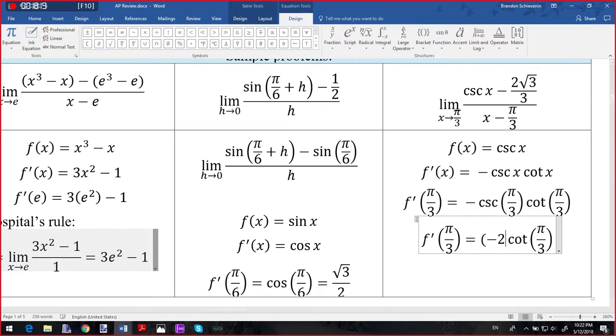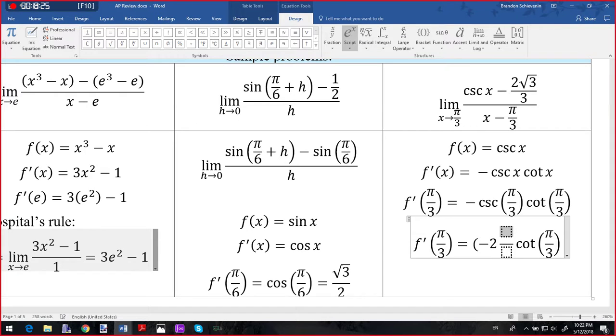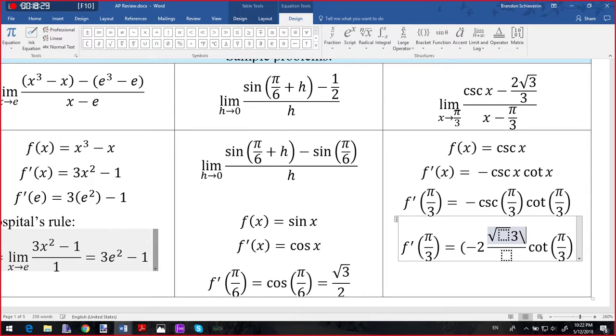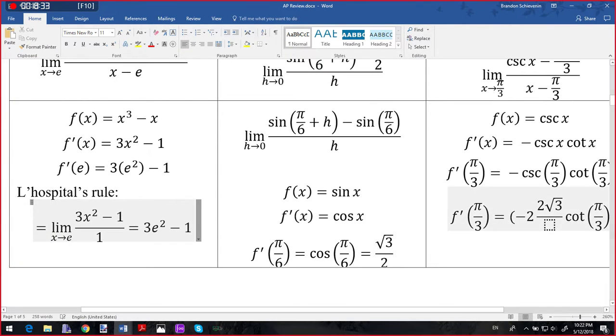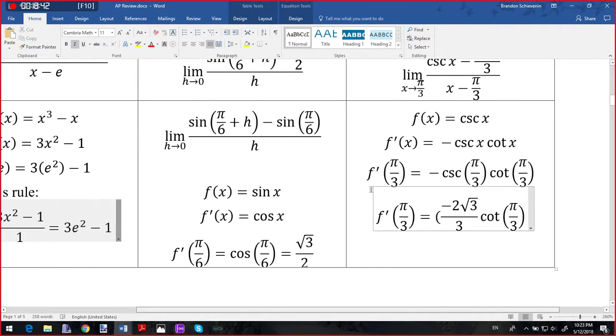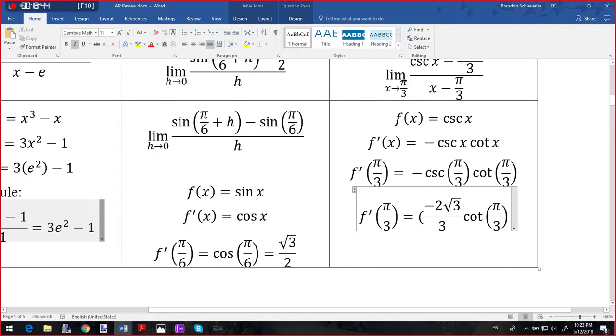What's the cotangent at pi thirds? Root 3 over 3. Okay, hold on. Then we said the cotangent is going to be what? Root 3 over 3.